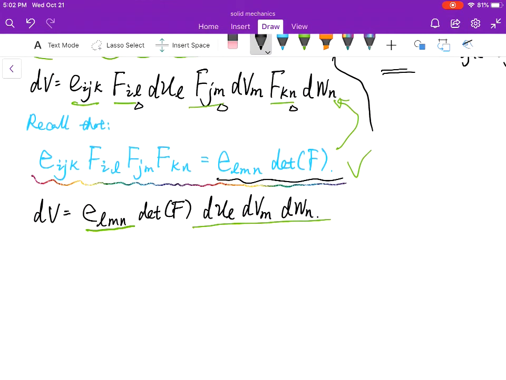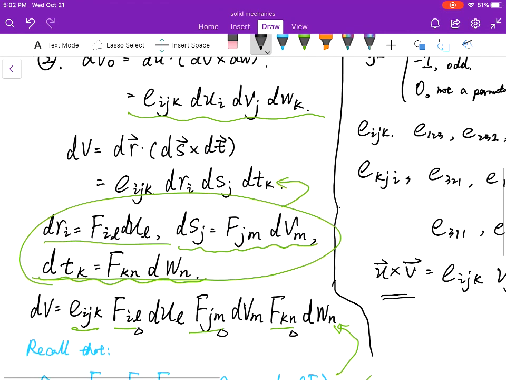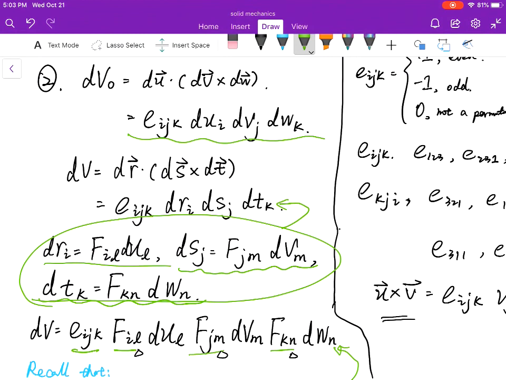So we have dv equal to, sorry, my handwriting, the determinant of F times dv0, as we just showed here.